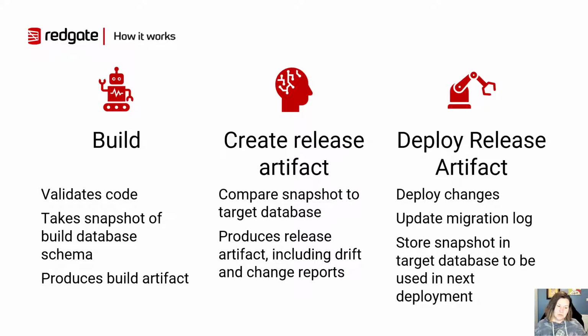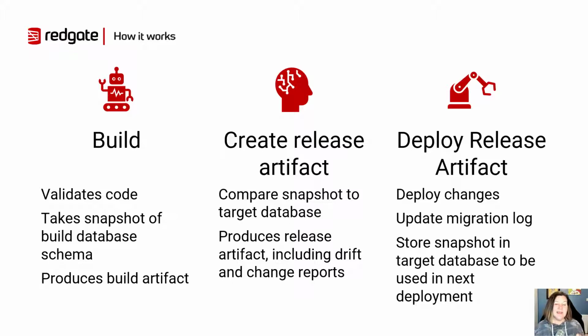But also, on that very first deployment through the pipeline, when you first deploy a release artifact, that is when it stores the snapshot of the build in that target database. So the build captures what the schema should look like at the end of this deployment.